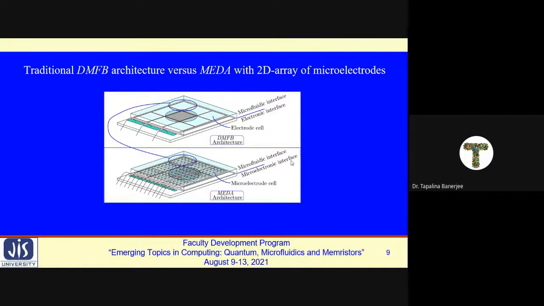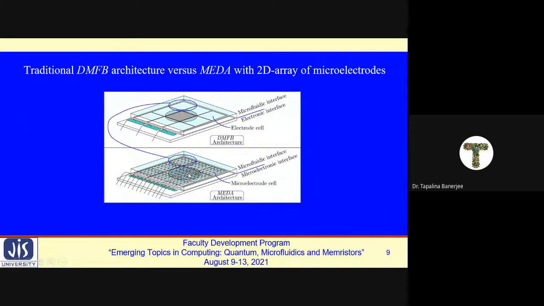So it contains two plates similar to conventional DMFBs. A top plate which acts as a reference electrode and a bottom plate with patterned microelectrodes with integrated capacitive sensors. A dielectric layer and a hydrophobic layer are generally placed on top of the microelectrode interface.